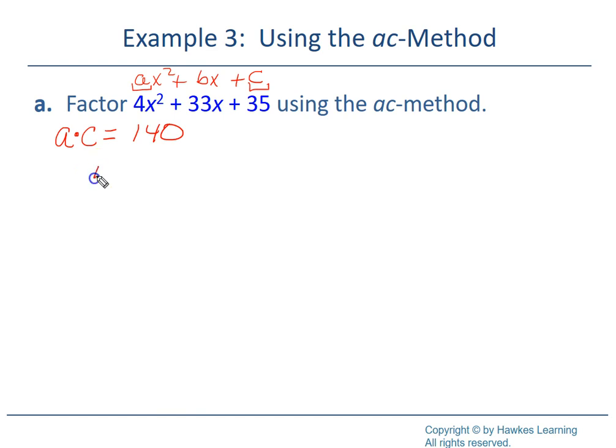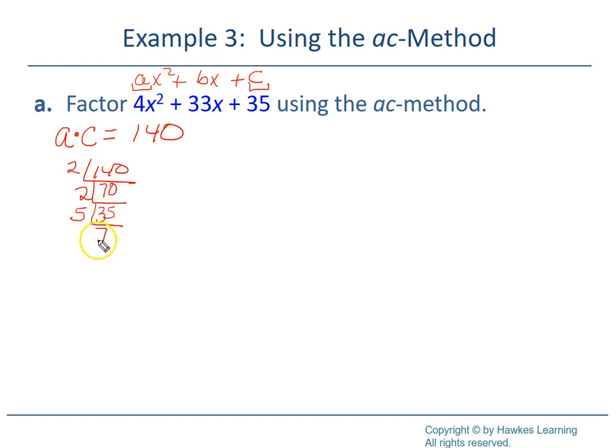Now, with that 140, we want to find what factors are in the 140. So we're going to get the prime factorization of it. We know we can take a 2 out of there, and that's going to be 70. We can take a 2 out of there, and that's 35. And we can take a 5 times 7.